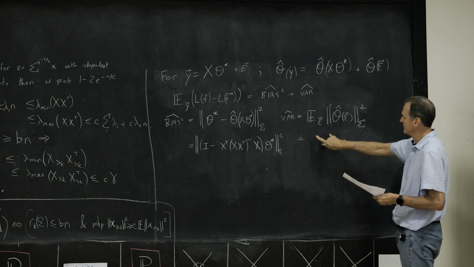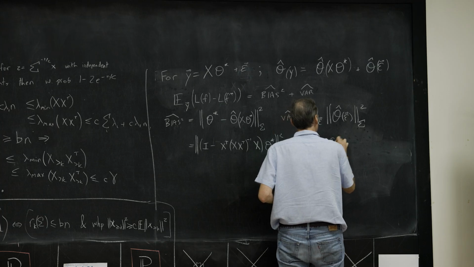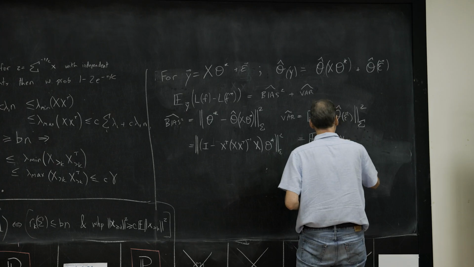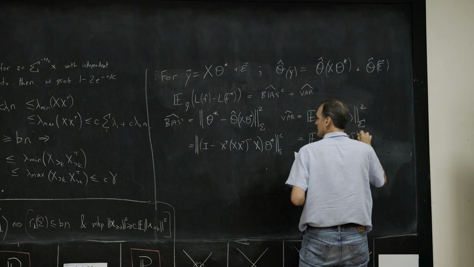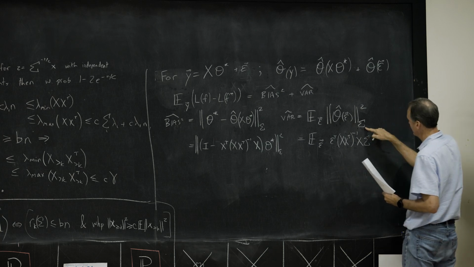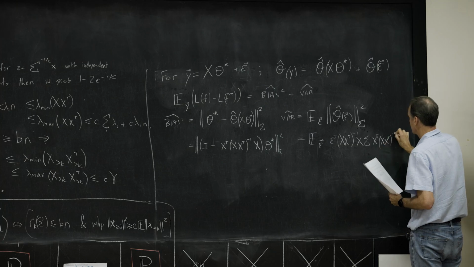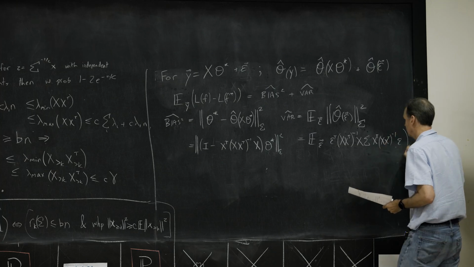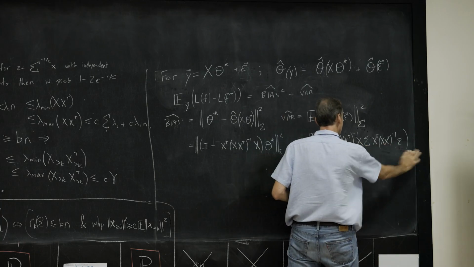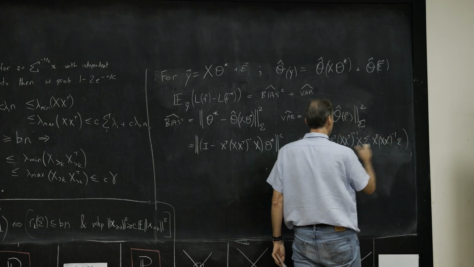So when we write that out, the expectation of epsilon transpose times (X X transpose) to the minus 1 X, and then we have this quadratic form, and then X transpose (X X transpose) to the minus 1 epsilon. The noise here, this is the trace of a big matrix, and we can use the cyclic property of traces.